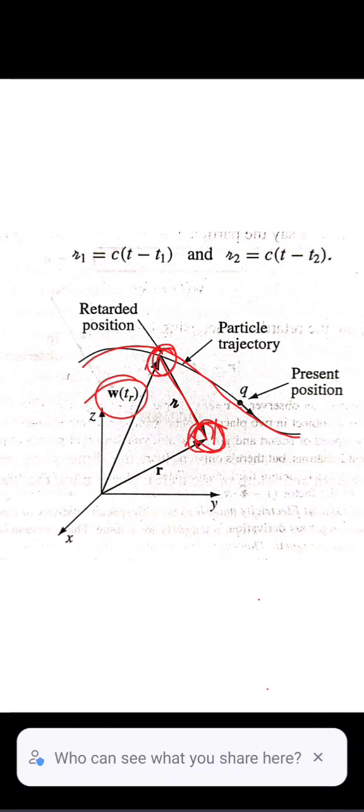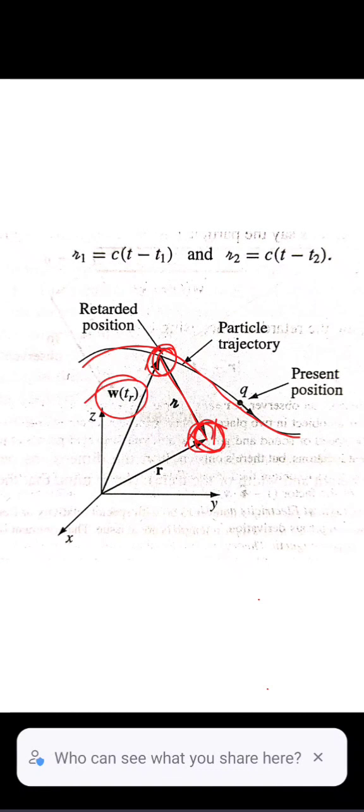Curly r gives the distance between source and field, and here the charge is moving. From this diagram we calculate the motion of the charge, so we can calculate a number of retarded potentials.